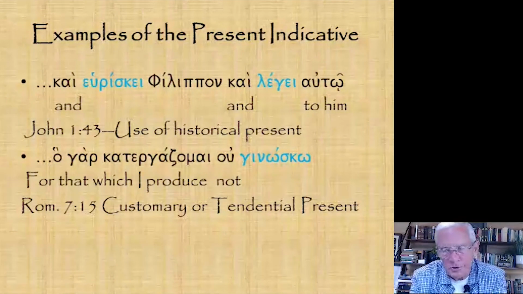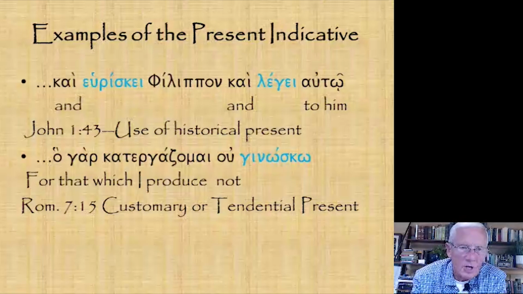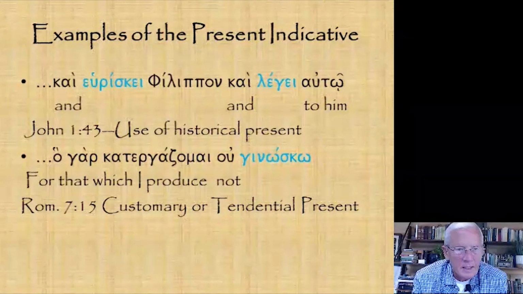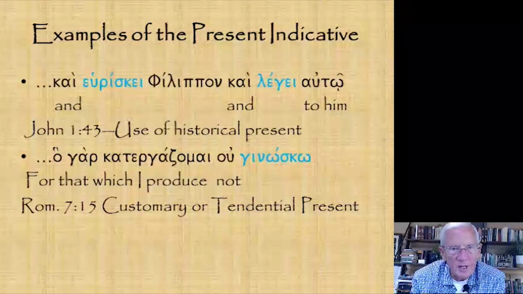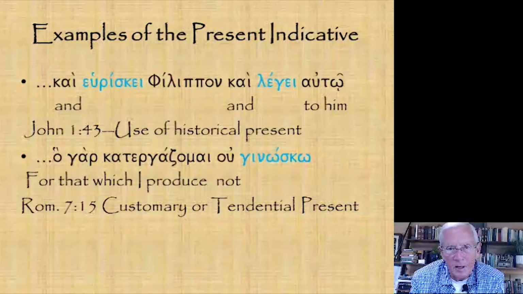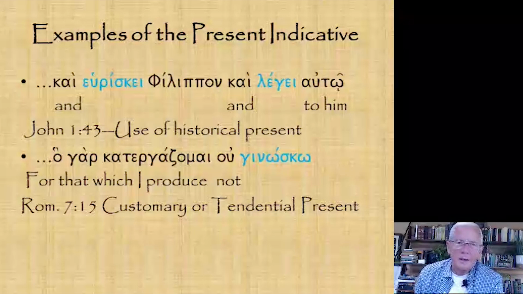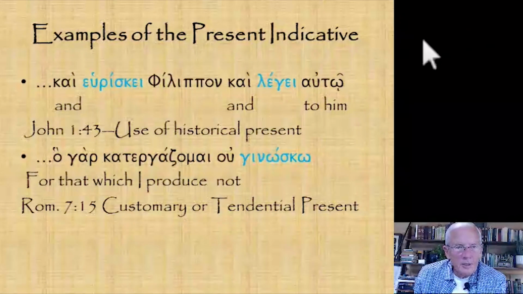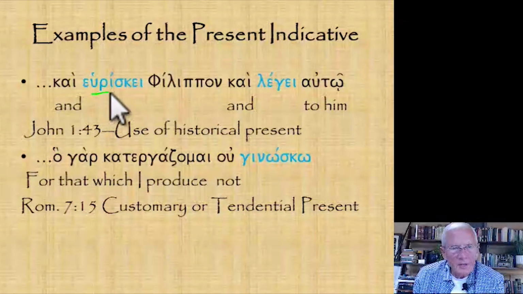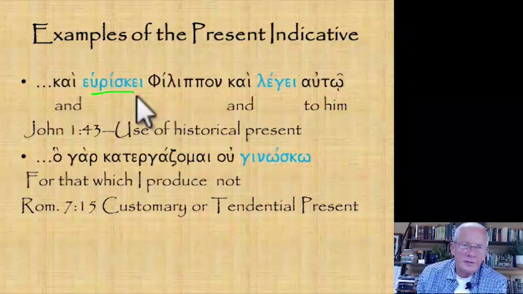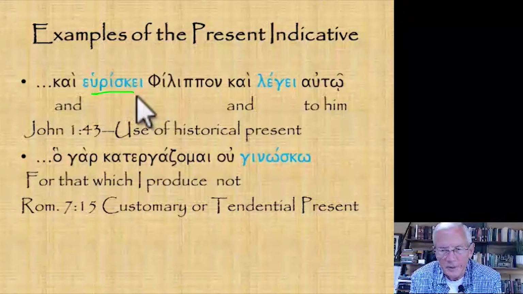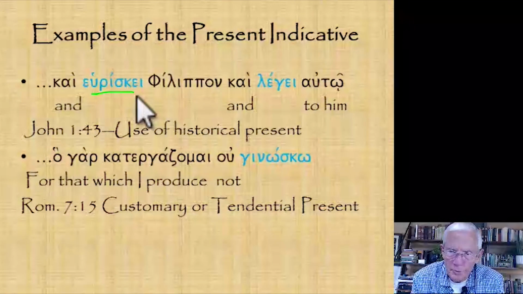Now, we have a couple of scriptures here that contain the present tense. From John 1:43. Let's pronounce it together. Kai heuriskei Philippon kai legei autoi. All right, heuriskei, present active indicative, third person singular. The context would be he. He finds.